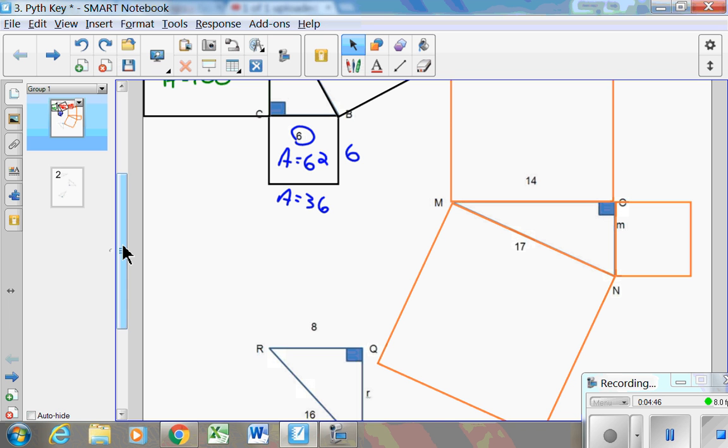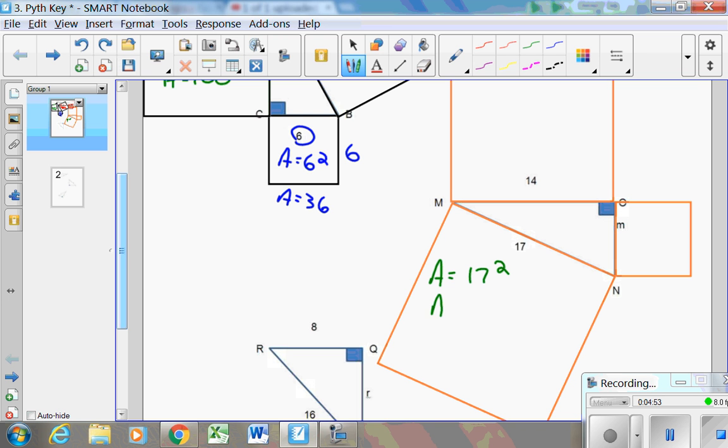We want to find the area of all these squares. So this one is 17 squared, and we can use your calculator to find that answer. This square is 14 squared, and the reason you know that is this is going to be 14 by 14. This is going to be 17 by 17.